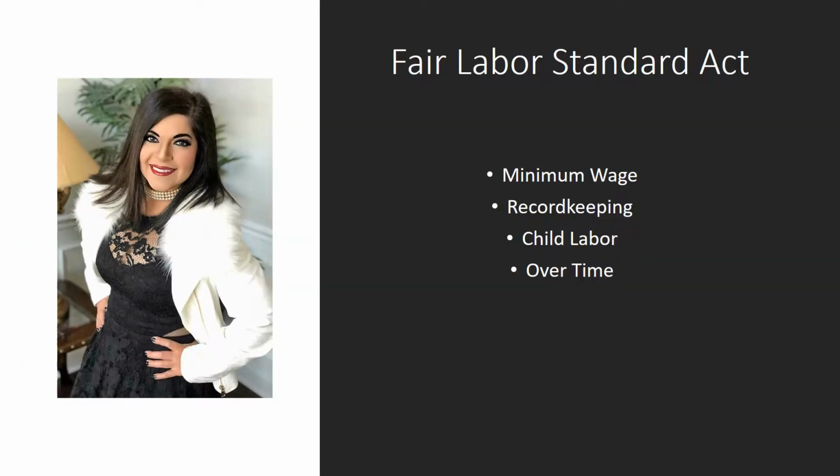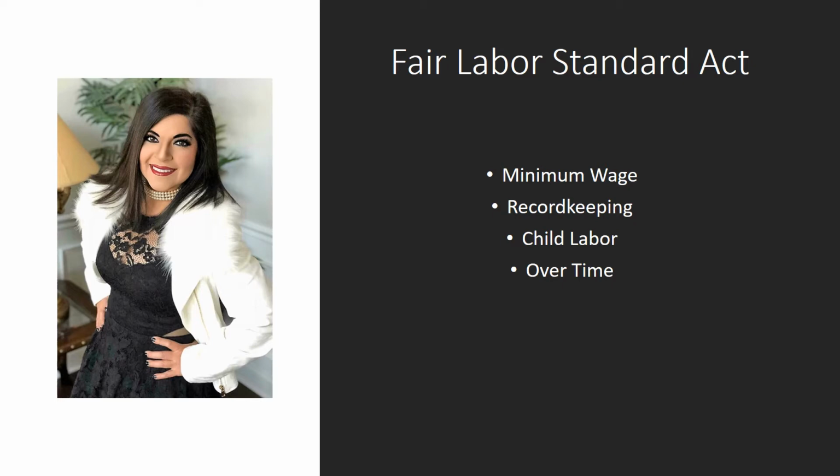I'd like to start by briefly telling you a little bit about the Fair Labor Standards Act, or FLSA, of 1938. We all know that it establishes minimum wage, which is $7.25 at the time of this recording, which is December 23rd, 2017.